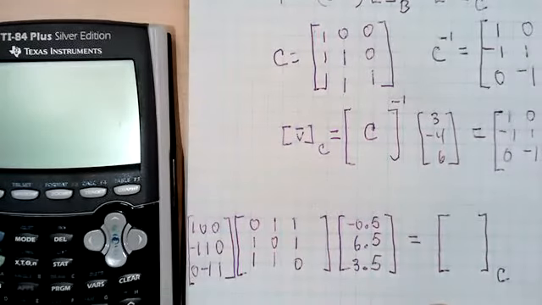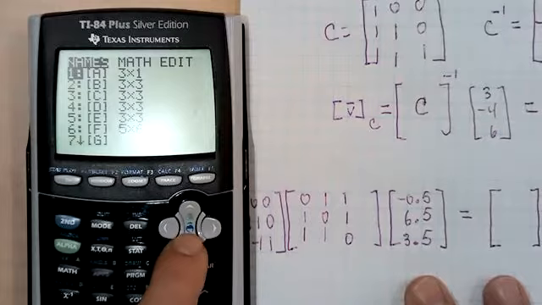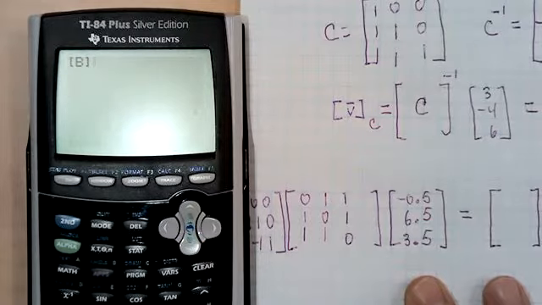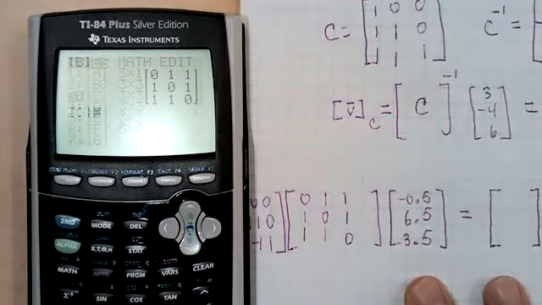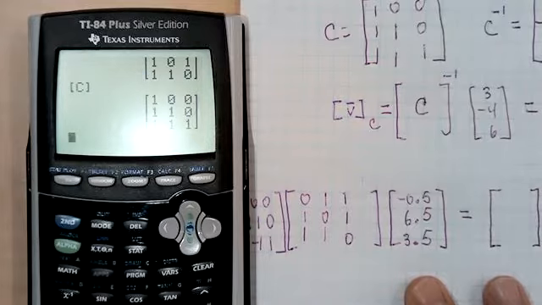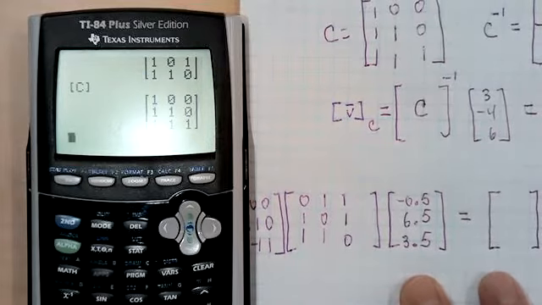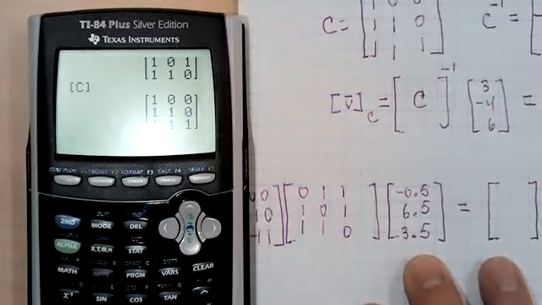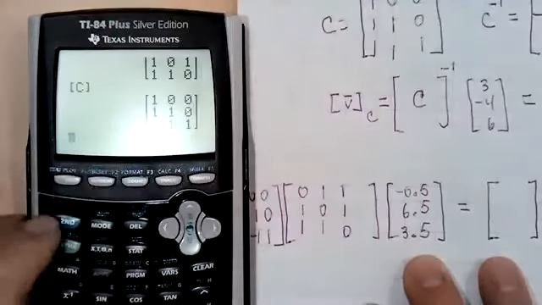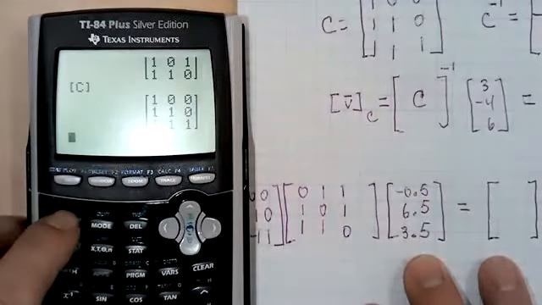So let's double check, see what we got in here. I think I have B and C stored. B is stored. C is stored. And now I just need to store these coordinates in the B system.